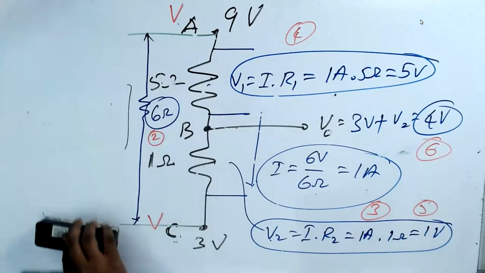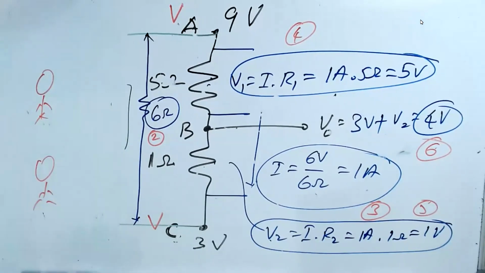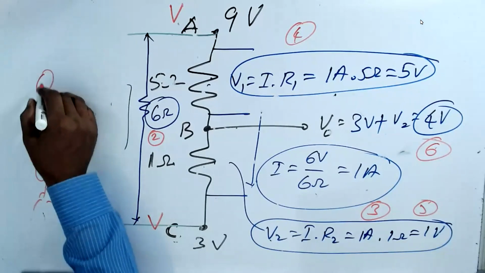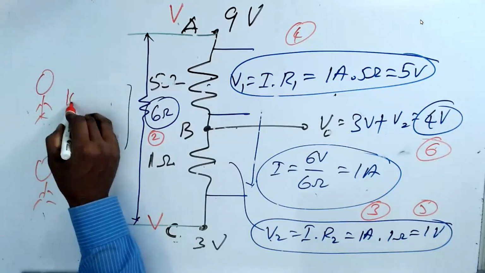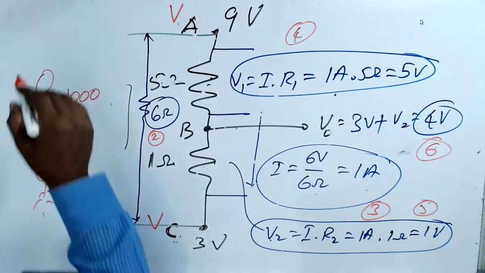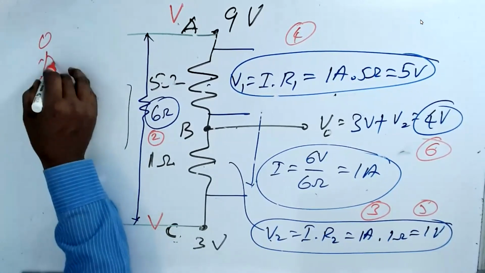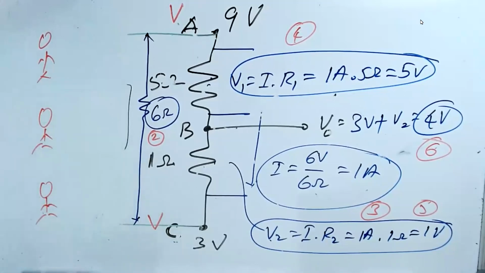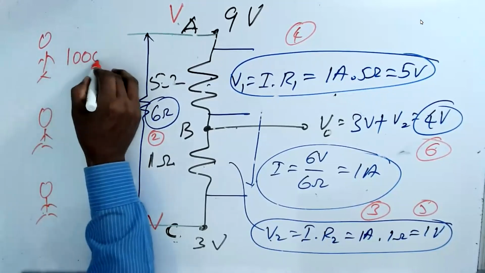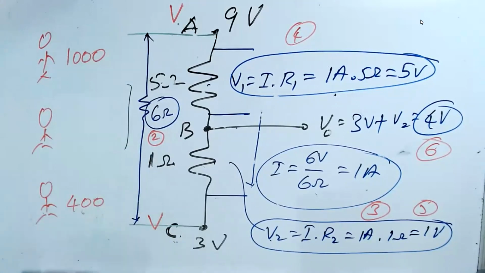Please understand here. I have two people. Let's have 3 people. Now this guy is having 1000 rupees. This guy is having 400 rupees. Understand?